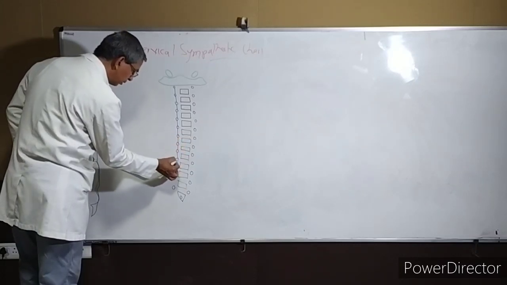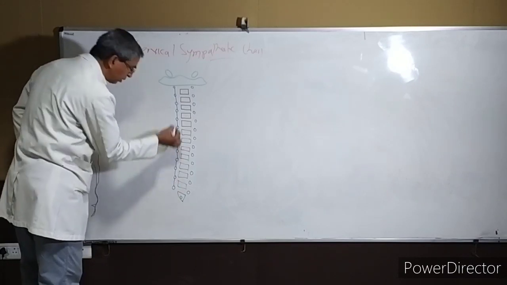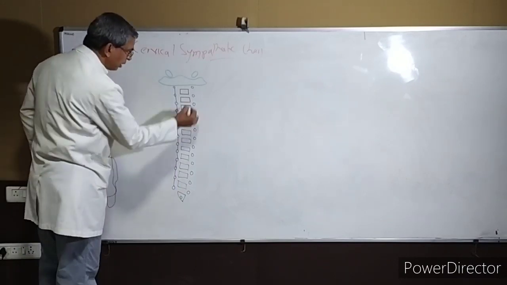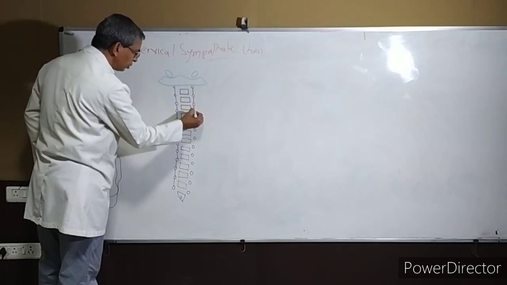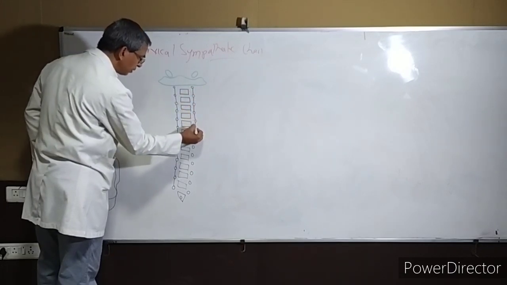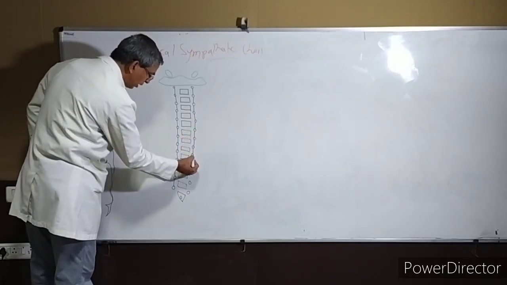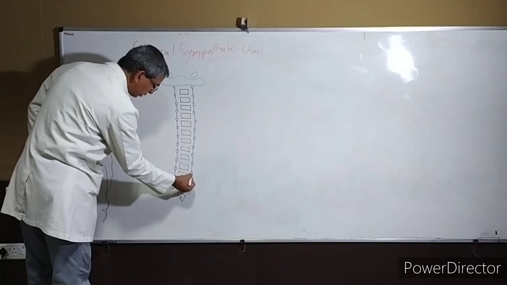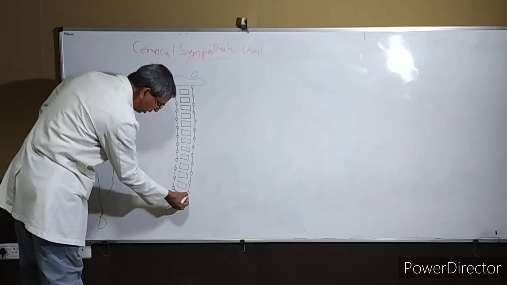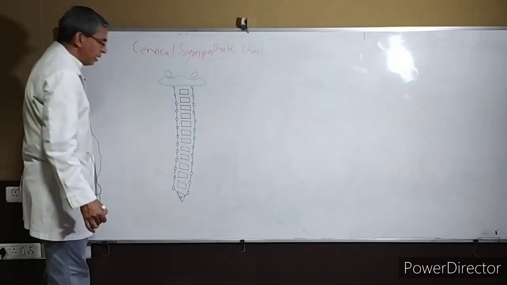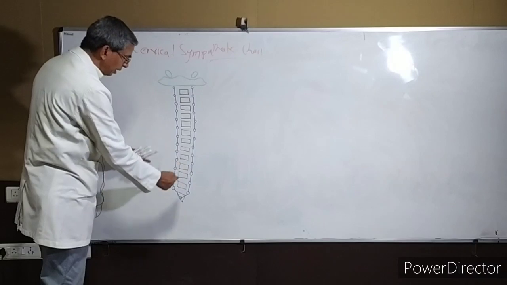The trunks of both sides are connected in front of the coccygeal vertebra by the ganglion impar. So this is the whole sympathetic chain.